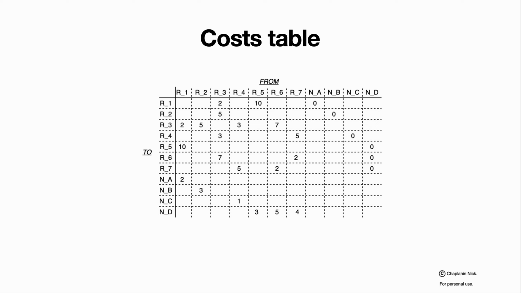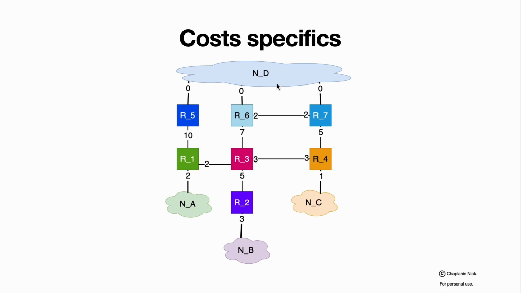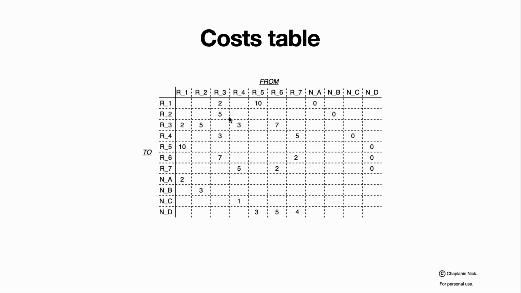So if you need to calculate the cost of sending traffic and you're building a topology and graph in a way that the root of the graph is some network, then the cost of sending traffic to the router is 0. You should remember this when filling in this table.